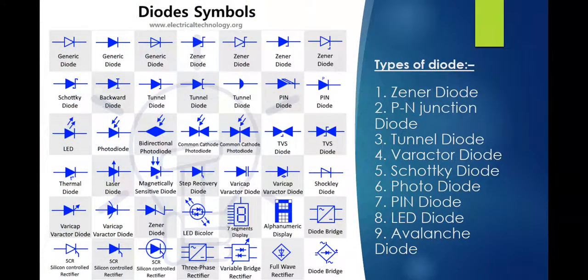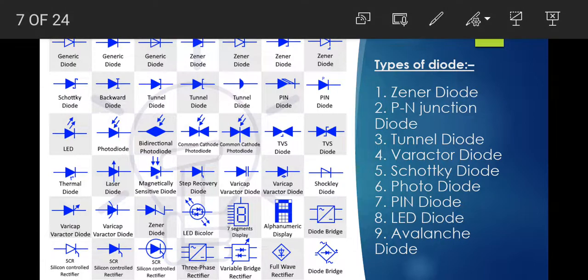Now let's discuss some different types of diode. We have many types of diode, but let's discuss some of them. First is the Zener diode, PN junction diode, tunnel diode, varactor diode, Schottky diode, LED, PIN diode, and many more. But one thing you have to understand is that every diode has its own specific symbol. For example, the Zener diode has this symbol.